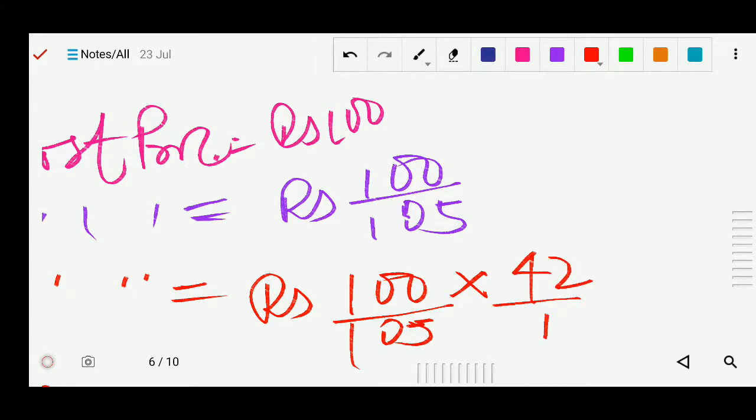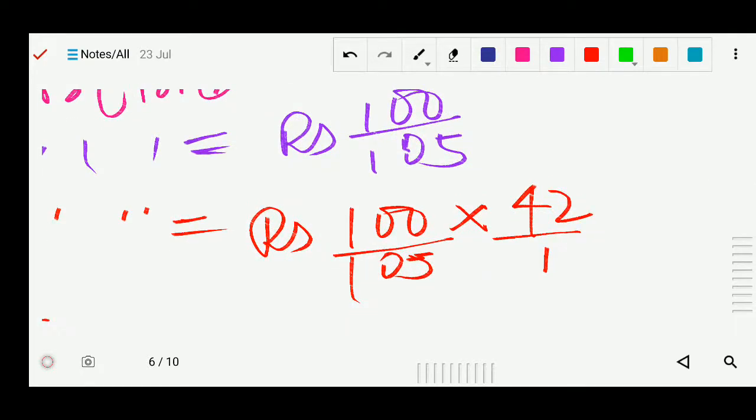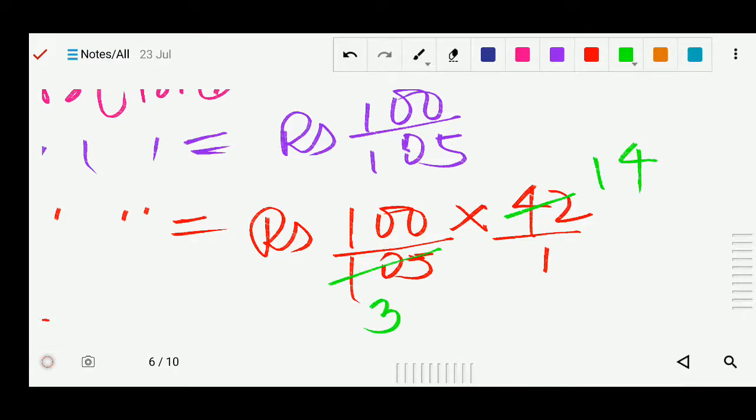Now we will cancel. By 3 you can divide, because 4 plus 2 is 6 and 1 plus 0 plus 5 is 6, so by the divisibility rule we can divide by 3. 3 ones are 3, 3 fourteens are 42, 3 threes are 9, 3 fives are 15.